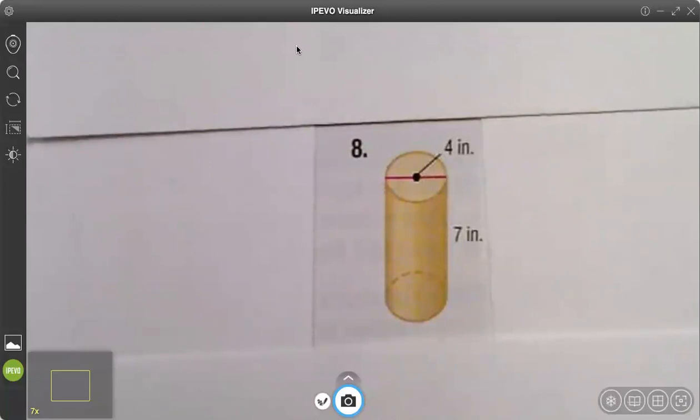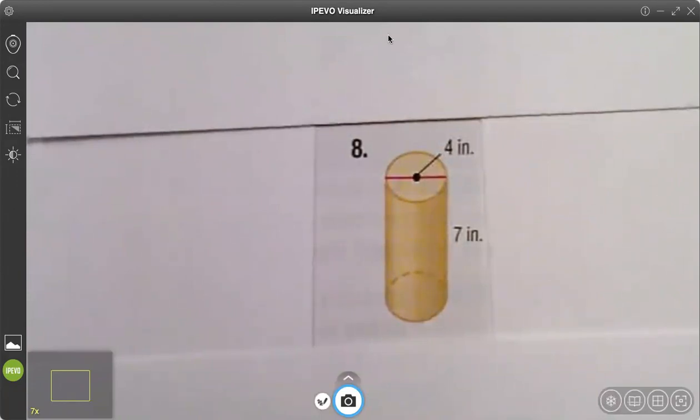Last one, try number 8. On number 8, it gives us the diameter all the way across. Or does it give us the radius?